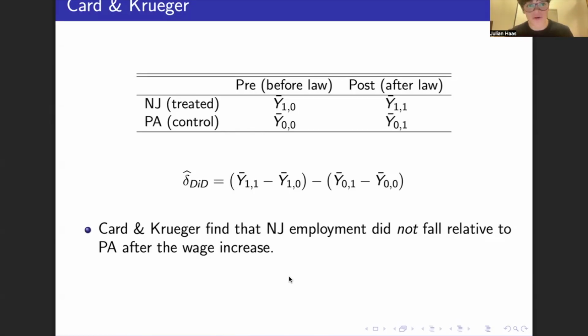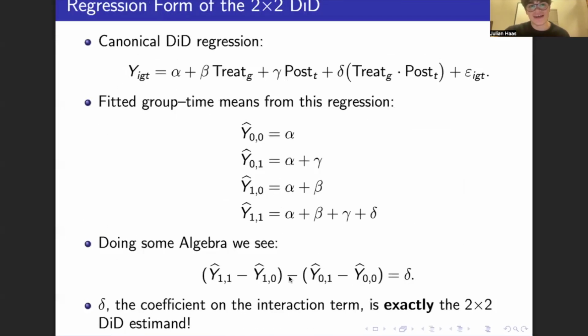All right. So, anyways, that's the Card-Krueger piece. I felt like when you teach diff-in-diff, you have to show where it all started from. So now, maybe what a lot of you care about, how do we implement this in Stata? Well, remember that all we're doing, for the 2x2 case, is regressing the outcome on treat and post and their interaction. So that's exactly what we're going to do.